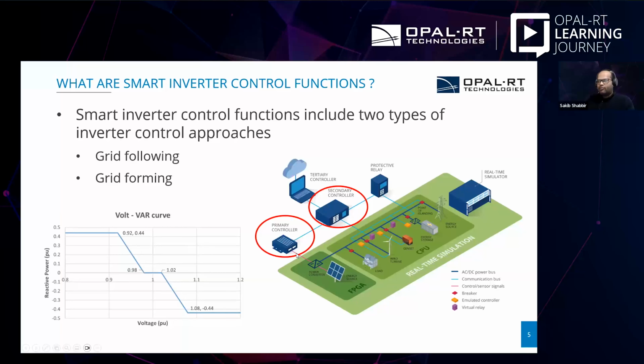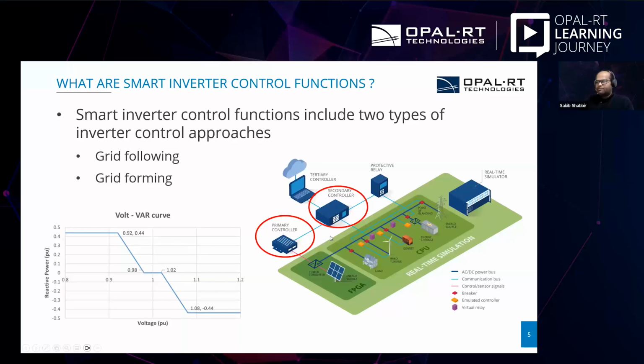Usually, whether we call them grid forming or grid following, this control algorithm is developed in layers. It can have the tertiary controller, the secondary controller, and the local primary controllers. To protect the equipment of the system and the generation units, it also requires protective relays, so that whenever there is an abnormal situation that goes beyond the capacity of the equipment, the protective relay can kick in and save the system from being further damaged.